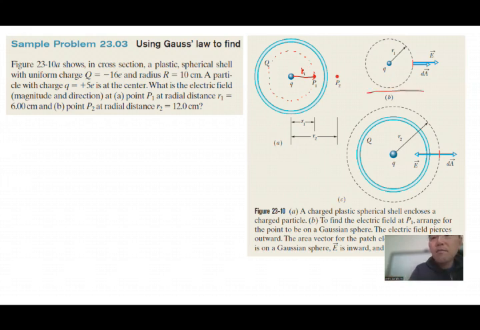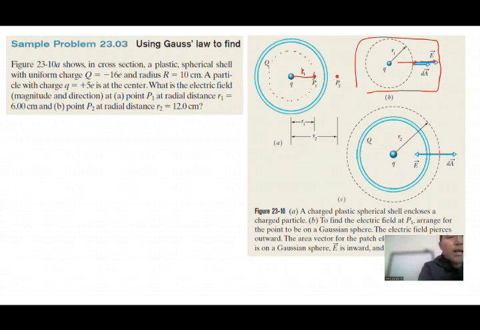So R1 is the radius of the Gaussian sphere. As I said, because this point charge q is positive, the electric field is outward, and on the surface of this Gaussian sphere, the area vector is pointing outward.